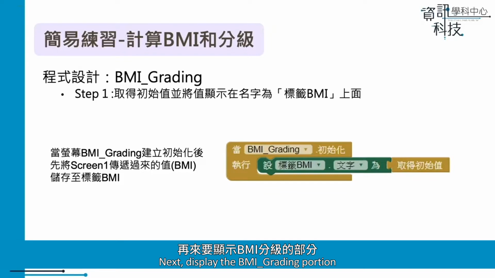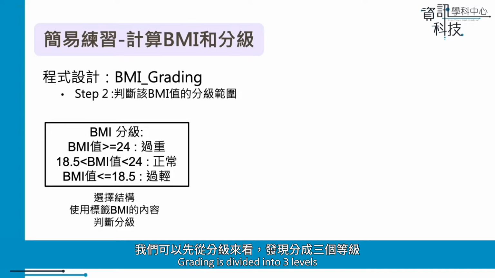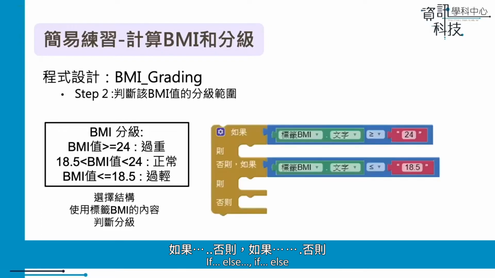Next, display the BMI grading portion. Grading is divided into 3 levels: overweight, normal, and underweight. In terms of control block selection, if else, the program will execute in a top-down manner.